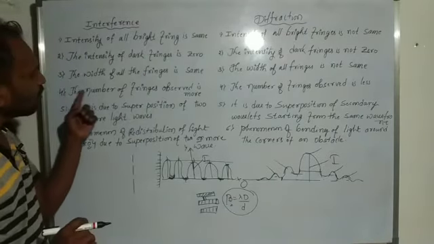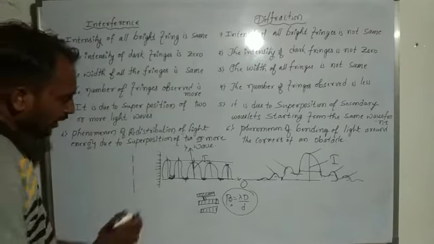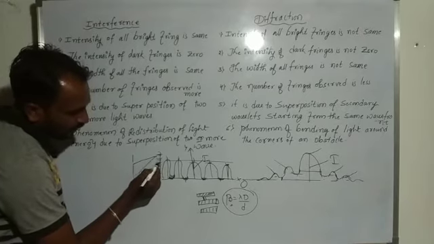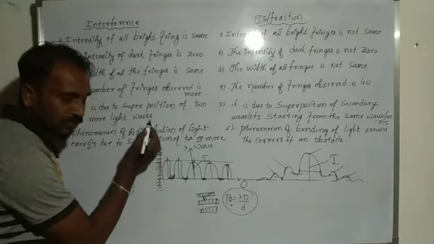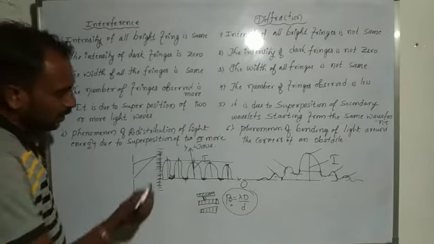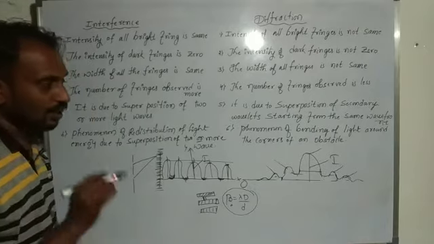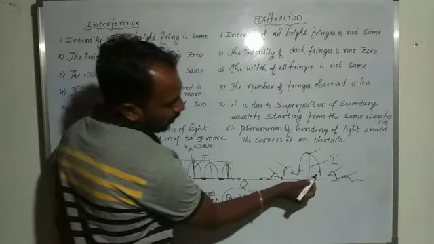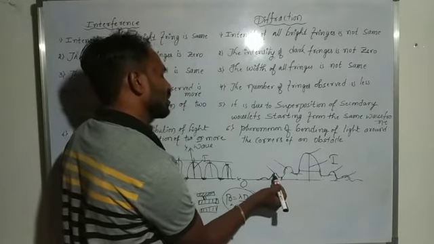And next one, the number of fringes observed is more. After interference, we get so many fringes formed on a screen. But after diffraction, this one is the central maxima, then the first secondary maxima, the second secondary maxima.